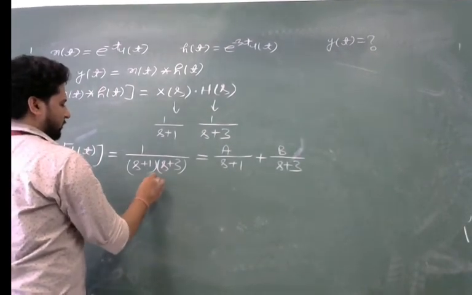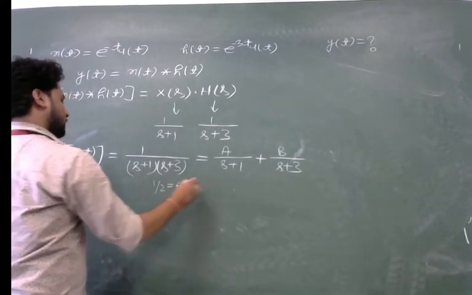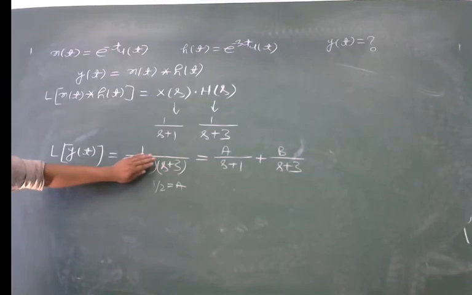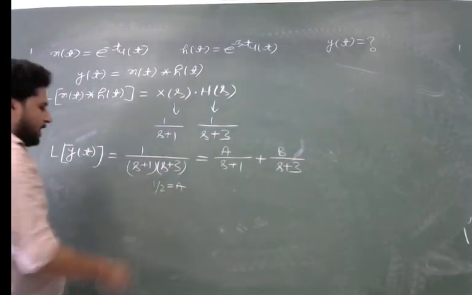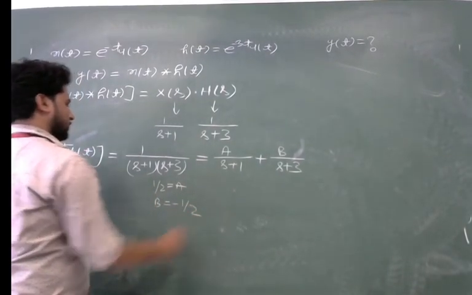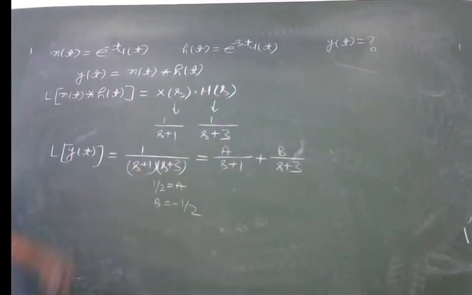So A will become 1 by 2. To get B, I will put s equal to minus 3. B will become minus 1 by 2, because minus 3 plus 1 will become minus 2.